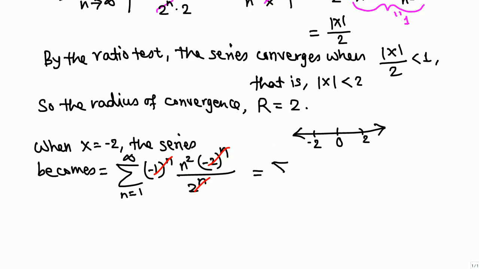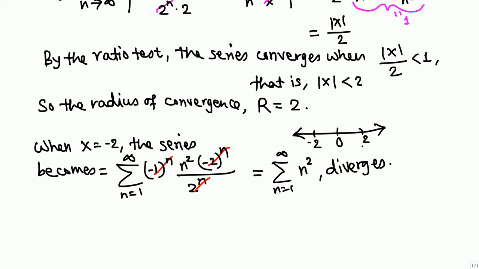Now we have the sum from n equals 1 to infinity of n^2, which is 1 plus 4 plus 9 plus 16. It grows so fast that the sum is infinity, so this series diverges. So in our interval of convergence, we cannot include -2.